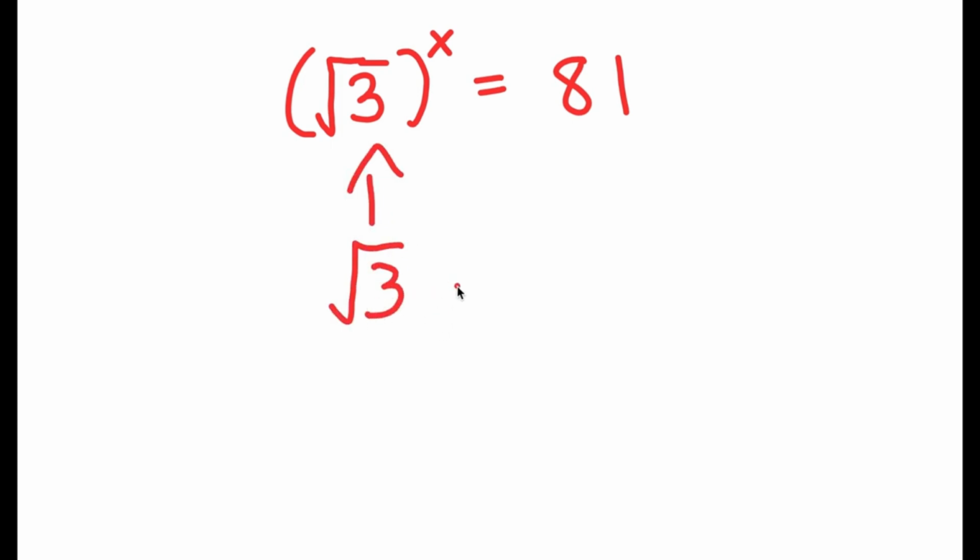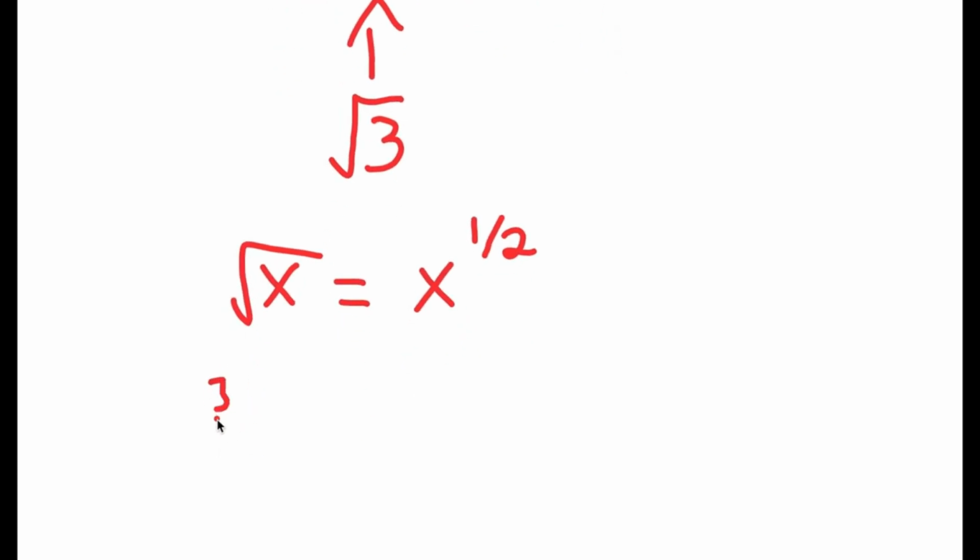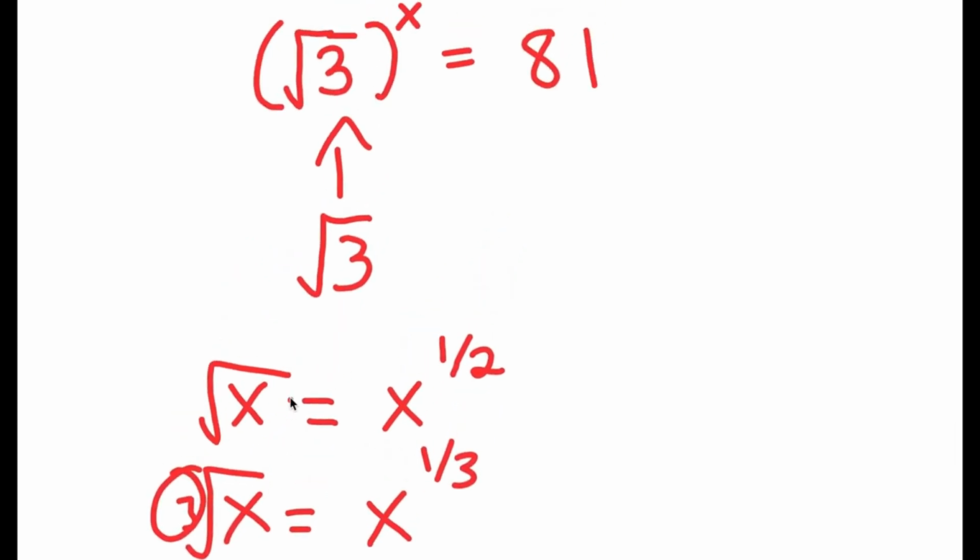Now, the square root of a number, say the square root of x, is the same thing as x to the power of 1/2. Because basically, the root here is 2, but we just don't write that. And the cube root of a number is that number to the power of 1 over 3, because we have a 3 over here.